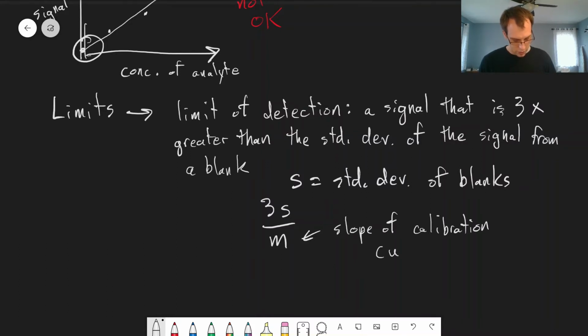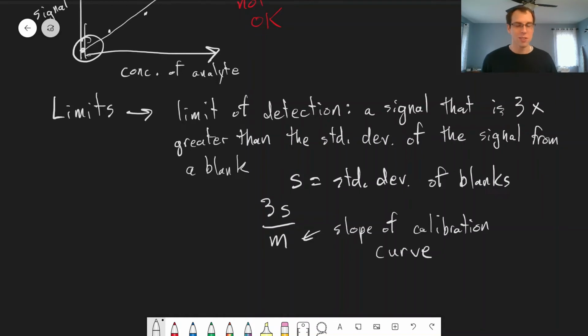Now, if your signal is at this sort of level, this is the limit at which we say, is it present? But at this level, it's hard to say how much exactly there is. So you can't quantify it very well.